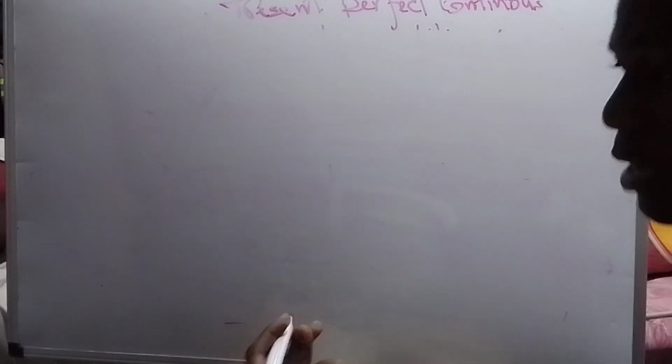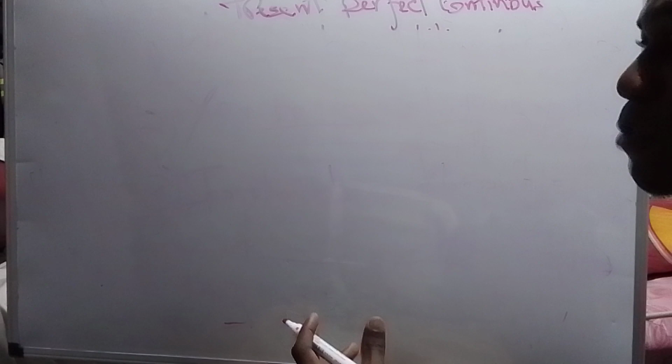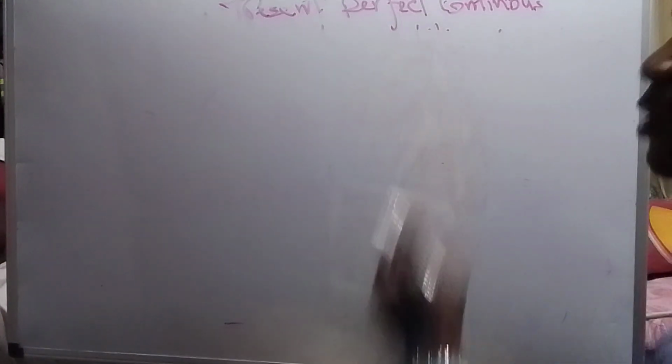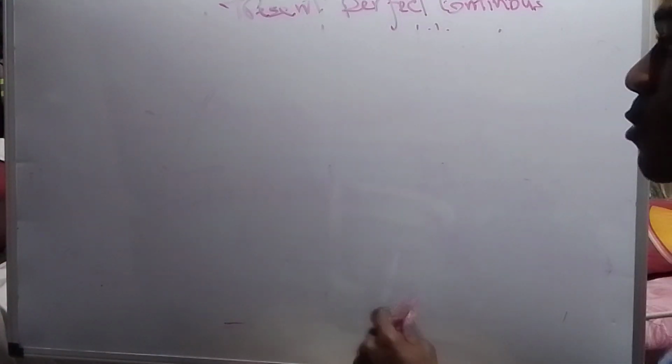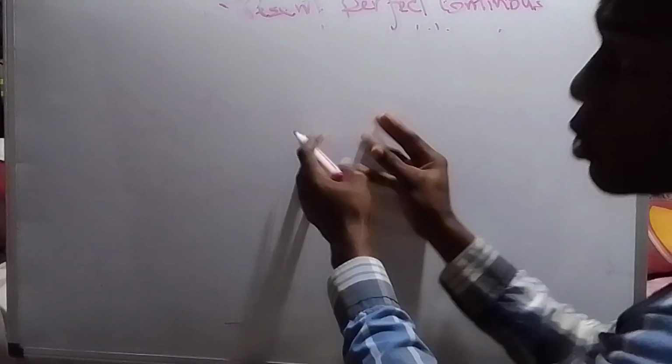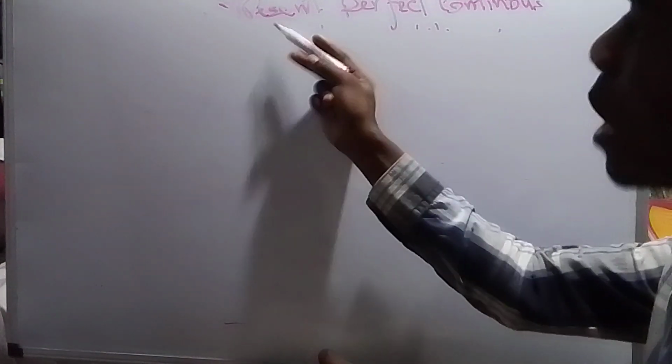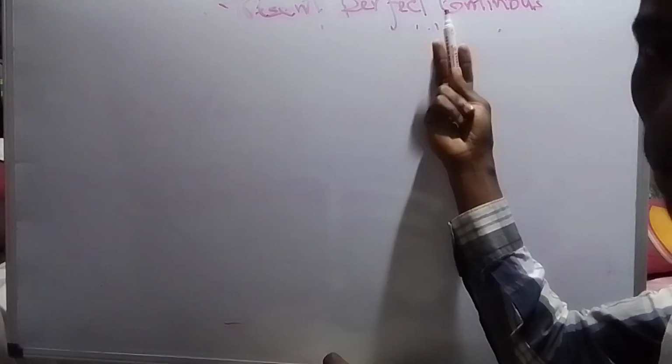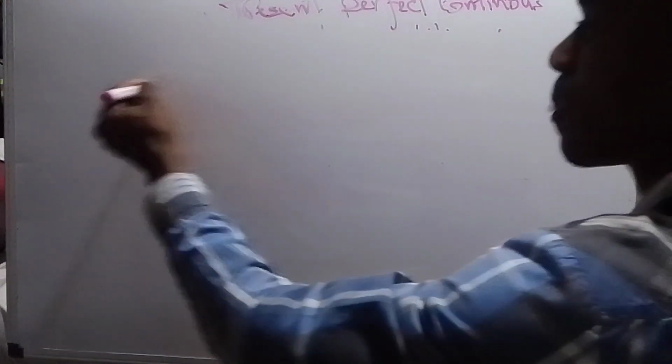But have been plus present participle is the construction of the present perfect continuous. That's what we're doing here.